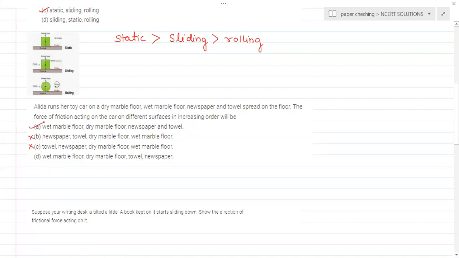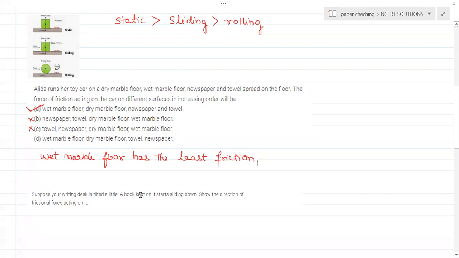This is correct. Option A is correct. Wet marble floor has the least friction. Right, so this can be taken into consideration.